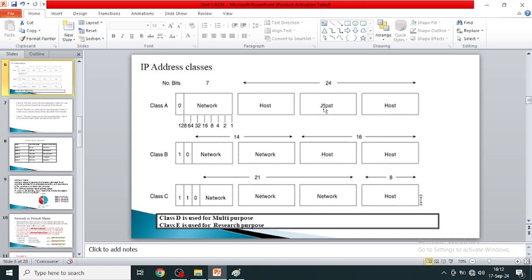What about the host part? We can't use 2 raised to 24 hosts, so they're wasting hosts here, and in between, both network and host. Compared to these two, class C has a lot of networks, but hosts are only 8 bits.